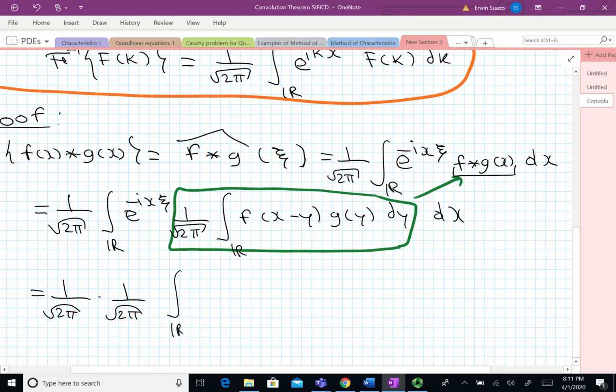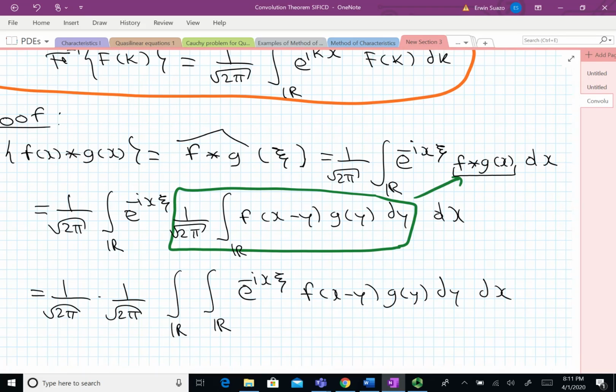So I get the integral over R of e to the minus i x zeta, f of x minus y, g of y, dy dx. Okay, that's what we have.